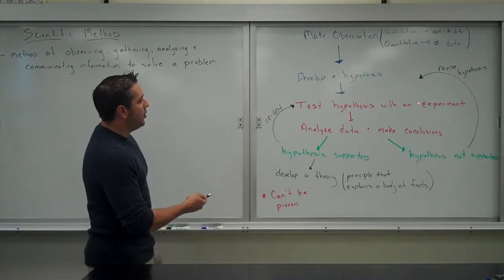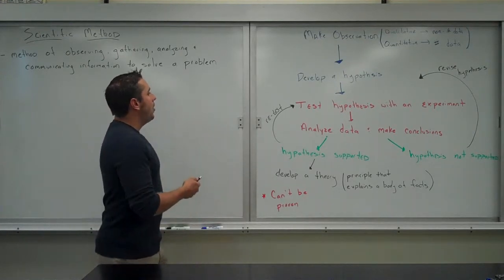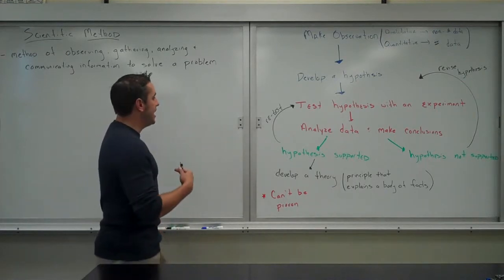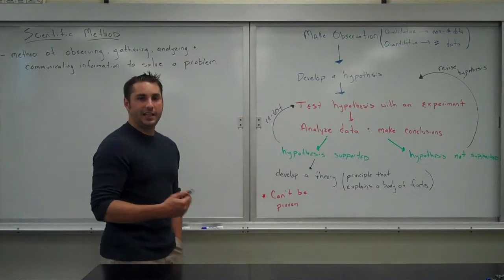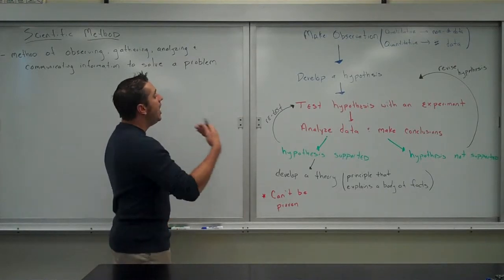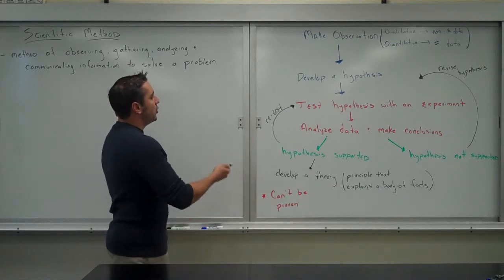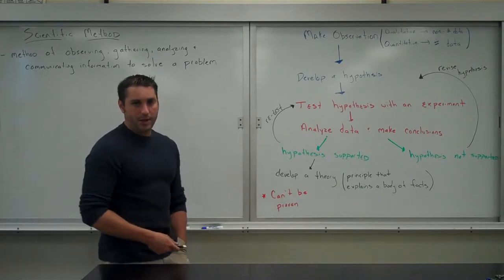So we test it with an experiment. That's what chemists do. That's what all scientists do. You got into this type of research because you like to get in the lab, you like to do hands-on things, and you want to test to find out what is going on. So we test the hypothesis with an experiment.